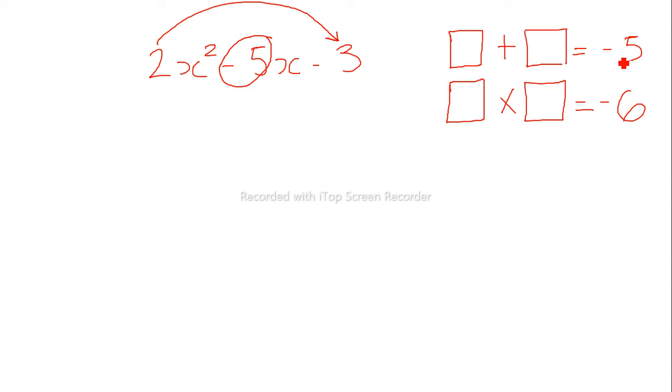No, they have to be the exact same numbers for the sum and the product. 6 and negative 1? 6 times negative 1 is negative 6, but 6 plus negative 1 is positive 5, so it wouldn't be that.